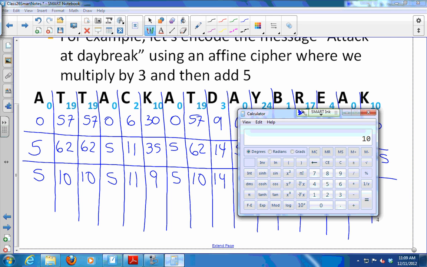77. We subtract 26. Still too big. Minus 26. We get 25.